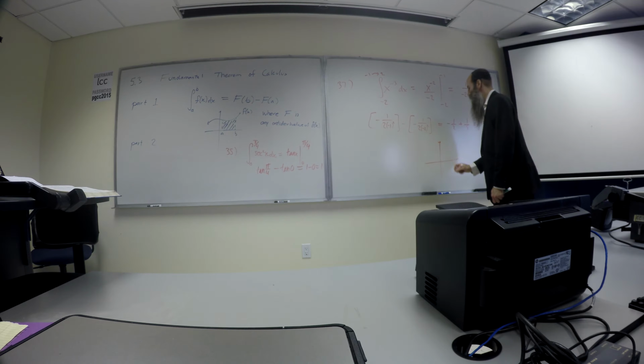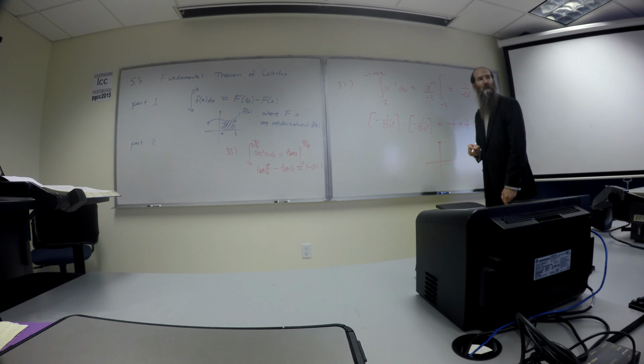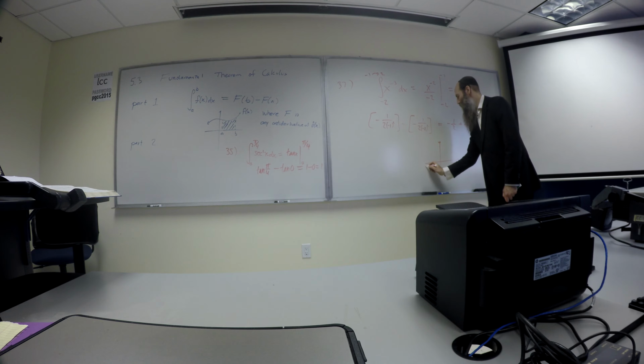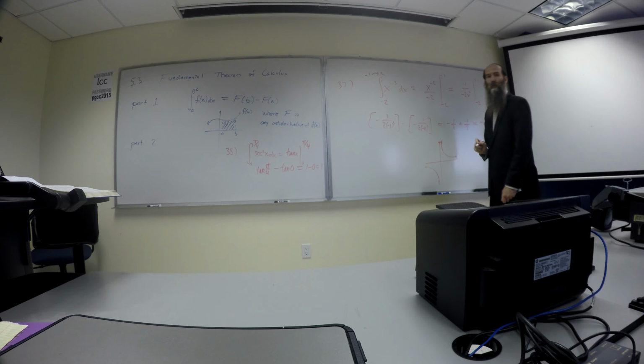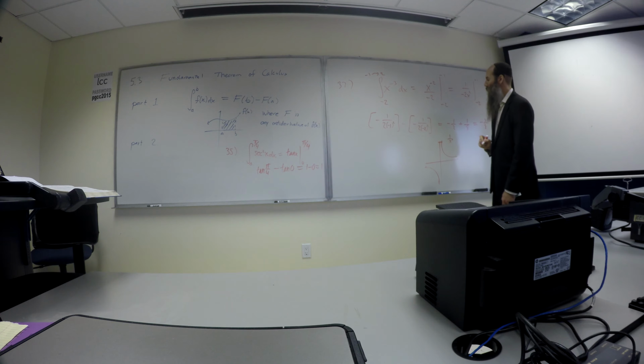What does x to the negative 3 look like? Kind of like 1 over x, right? A little bit. So there's our function.